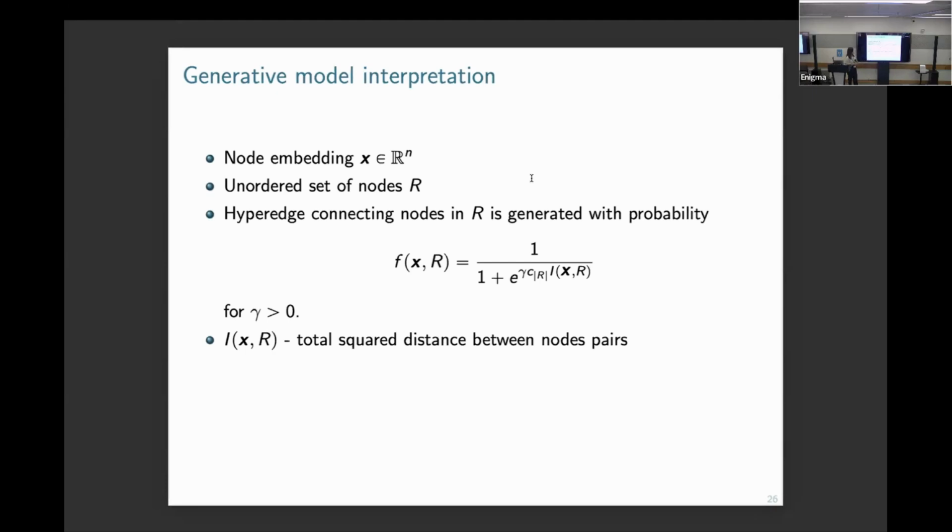C_R is the weight of cardinality R you assign to the graph, or you fit to the data. And I is the incoherence that measures the total squared Euclidean distance between all pairs within the set R.